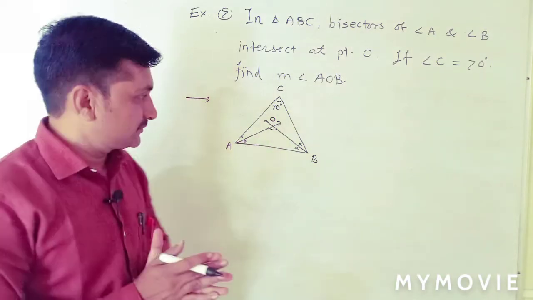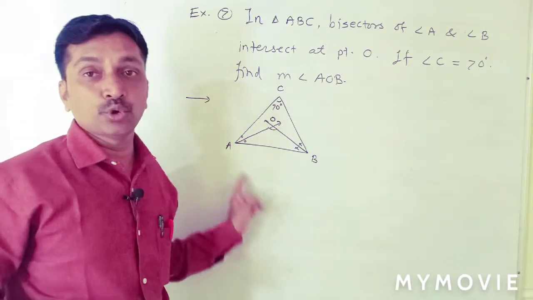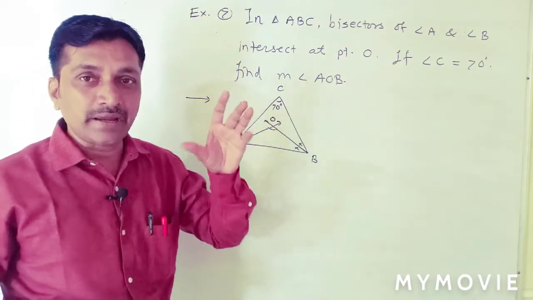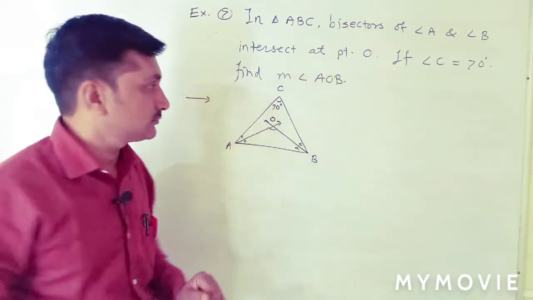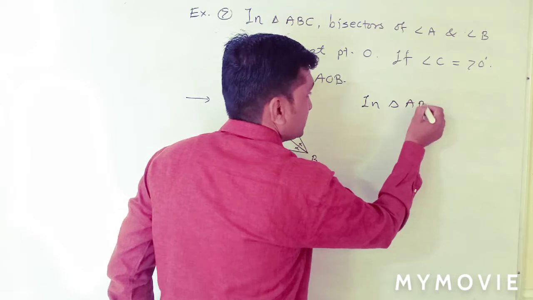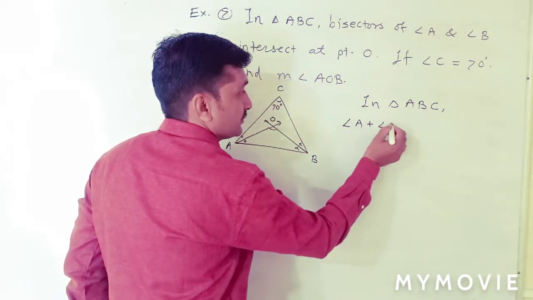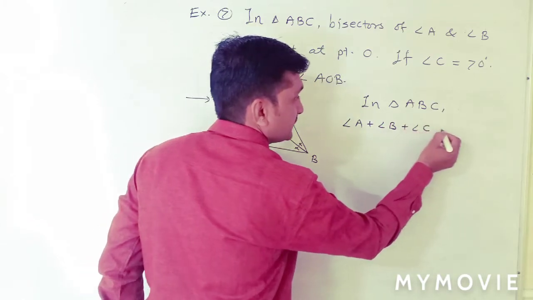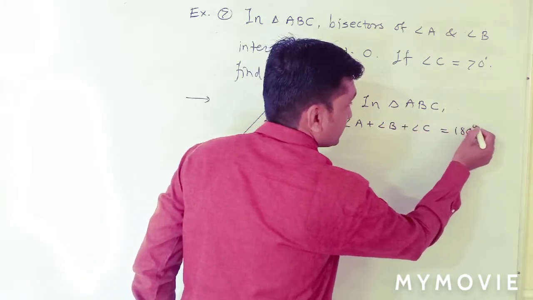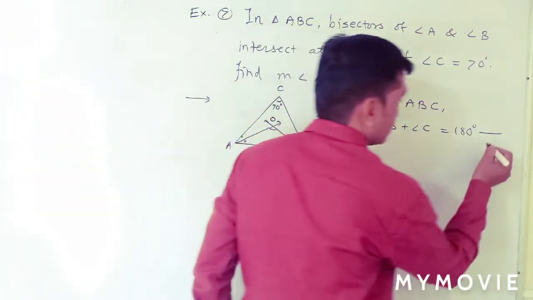Now for that, first take triangle ABC, the whole triangle ABC, and use the angle sum property for that. In triangle ABC, angle A plus angle B plus angle C is equal to 180 degrees. Angle sum property of triangle.